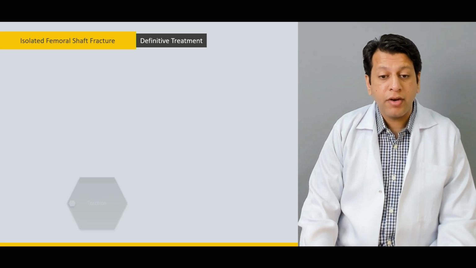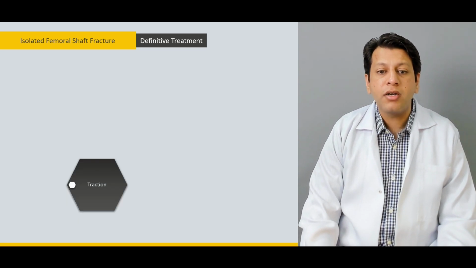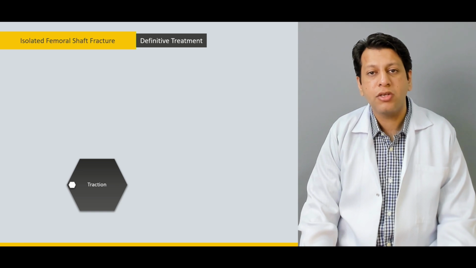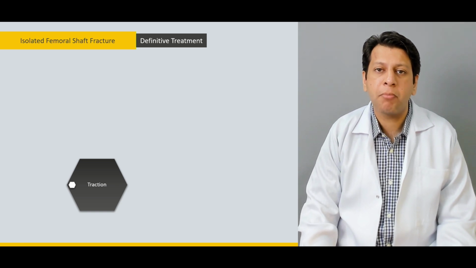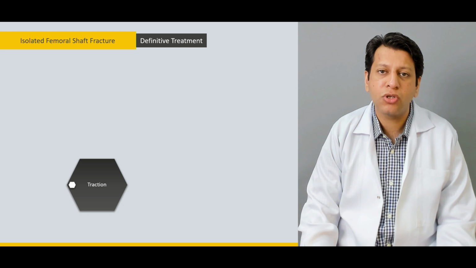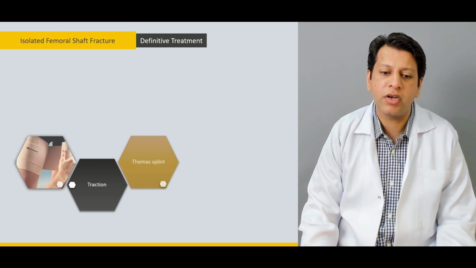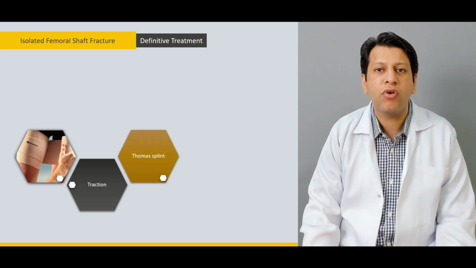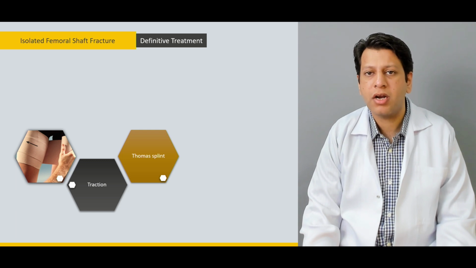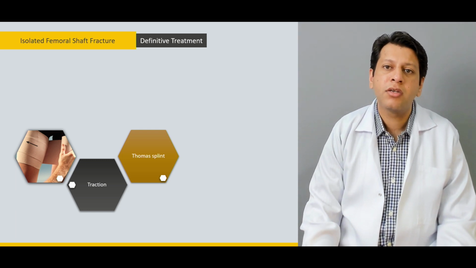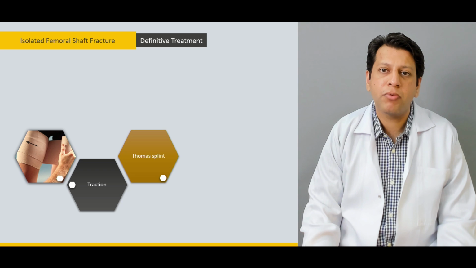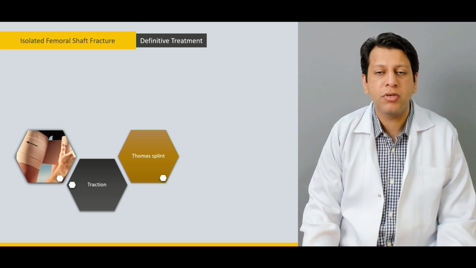Coming to the definitive treatment of the isolated femoral shaft fracture. If it's isolated, we can apply traction initially as long as we are moving towards the definitive treatment. This traction could be in the form of a simple splint traction, or it could be a bony traction in the form of a pin going through the proximal tibial tubercle, or going into the distal femoral area.